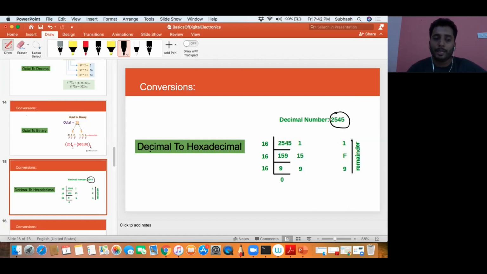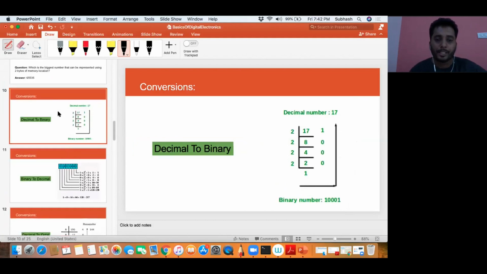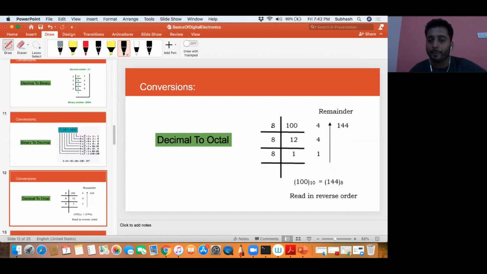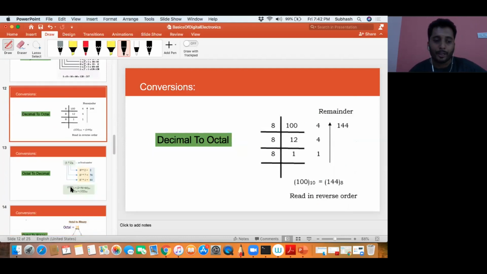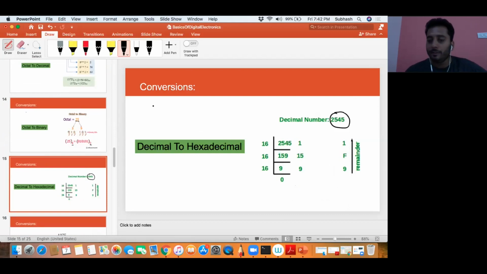In decimal to binary, we divided by 2, and in decimal to octal, we divided by 8. Now from decimal to hexadecimal, we are supposed to divide by 16.